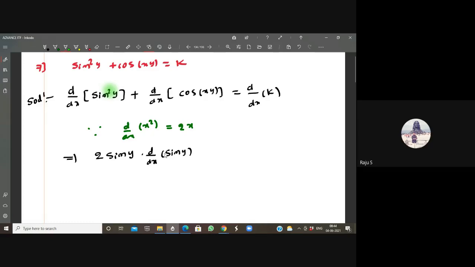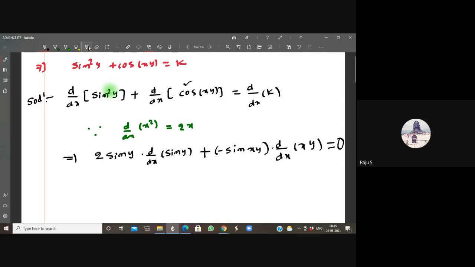Then we got 2 sine y into again the derivative of the base, sine y, plus here the cos derivative. First I want to differentiate cos alone: minus sine xy, since the cos derivative is minus sine, again times d by dx of xy, equal to 0 on the right side.